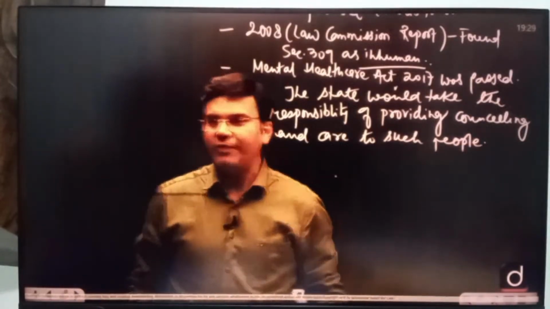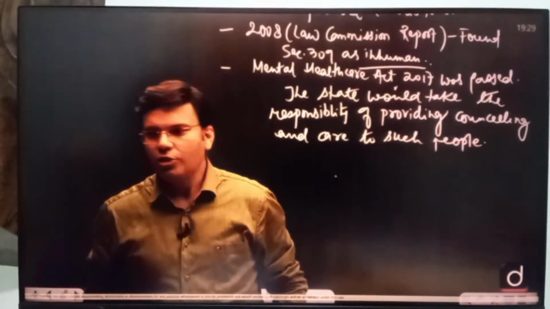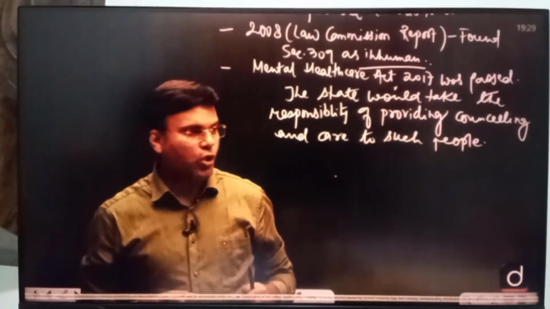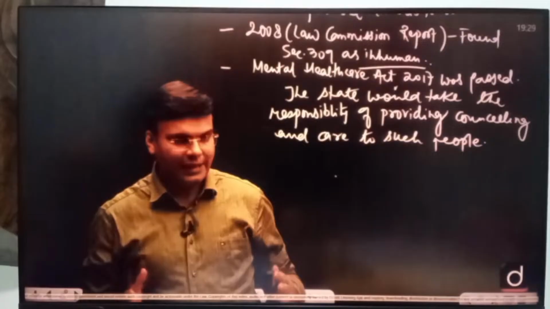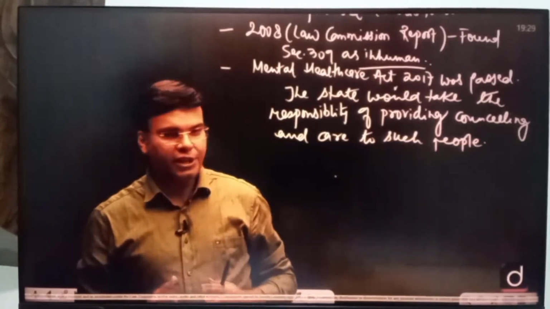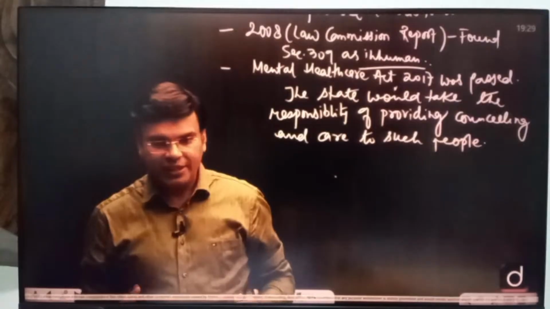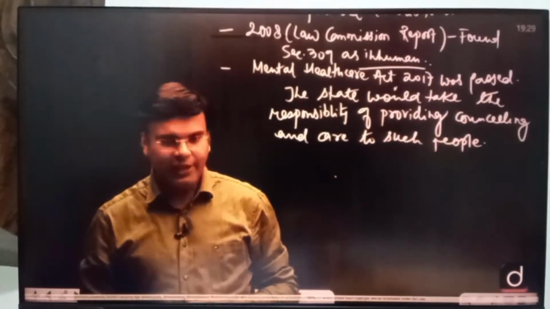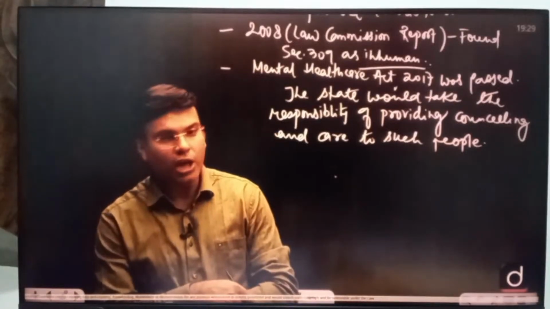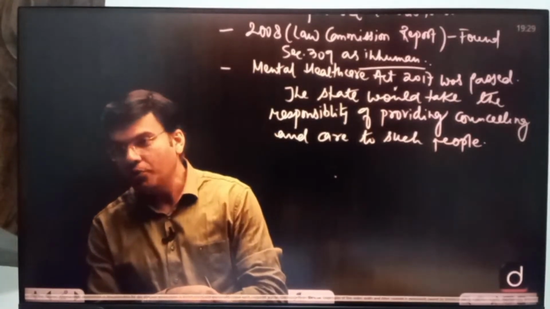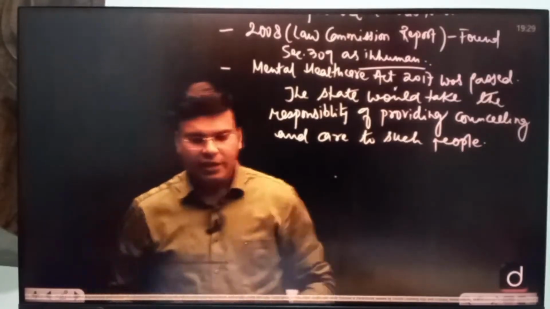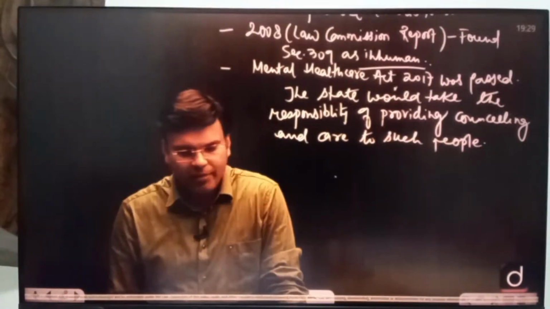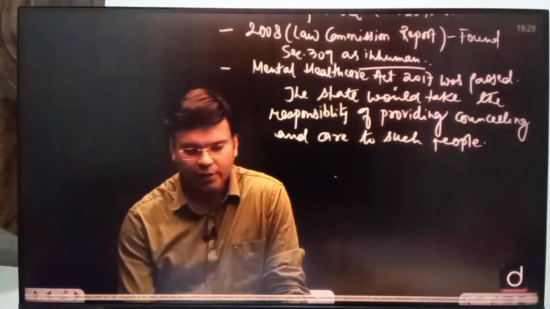We could save those people from the use of section 309. So this should be treated as an issue of mental health, and such people should be taken into those healthcare centers which are to be established under the Mental Health Care Act 2017. And so this will provide a ground where people will be able to get counseling from the state, they will be able to get treatment, and the state will try to rehabilitate such people, है ना.